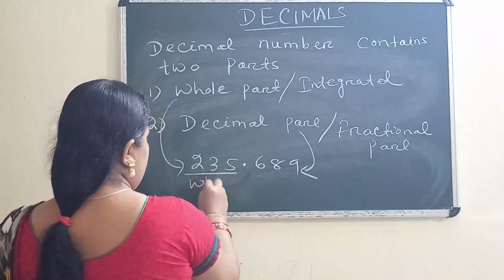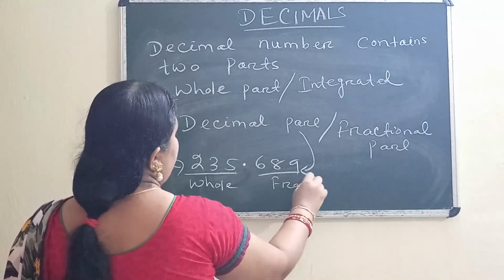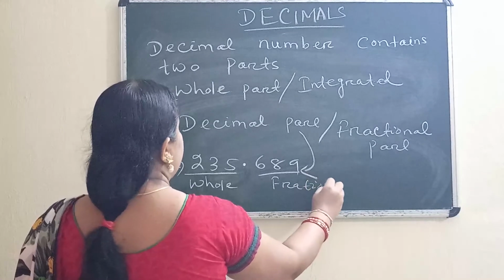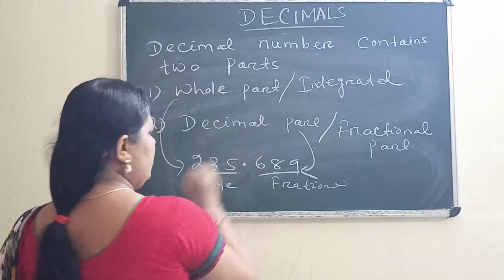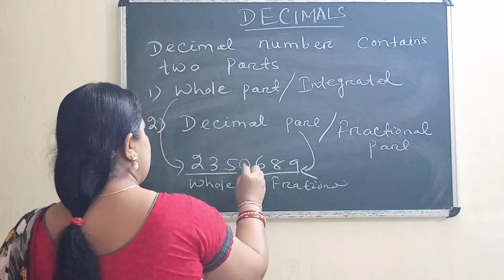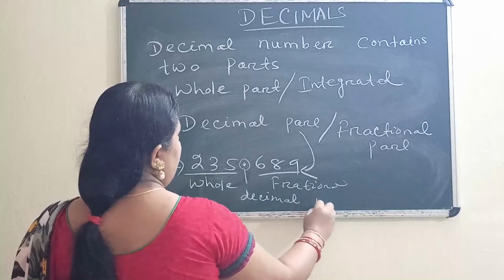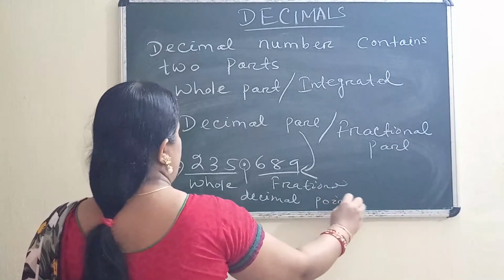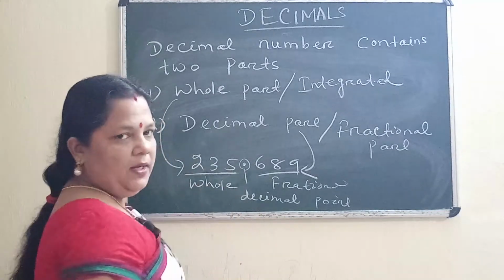Both these parts are separated by this dot mark, or we can say this is a decimal point. What will you say? Decimal point. Clear?